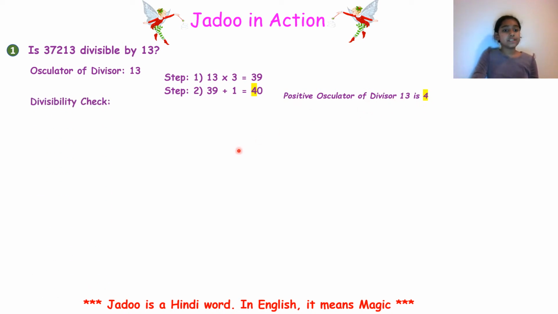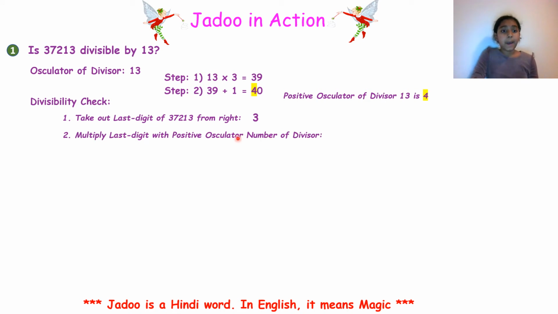Let's do the divisibility check. First, take out the last digit of this number from the right, which is 3. Second, multiply the last digit with the positive oscillator number of the divisor. So 3 times 4 is equal to 12.